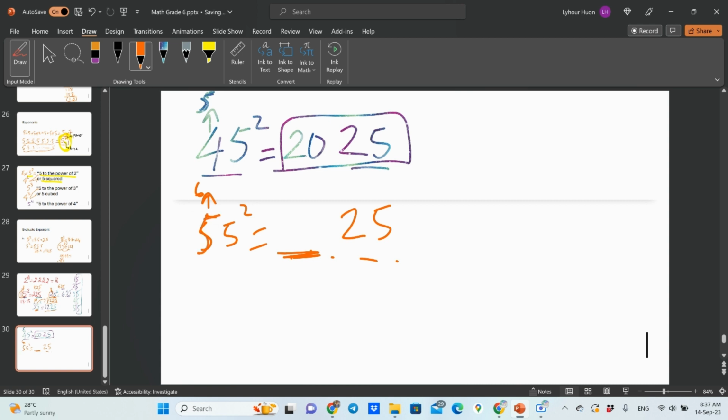This is 5, right? So we multiply by the number that is bigger than it by 1.